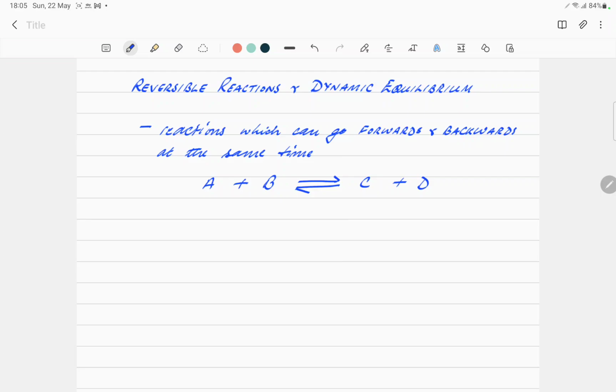And these two reactions, the forwards and the backwards reaction, can happen at the same time as the amounts change.